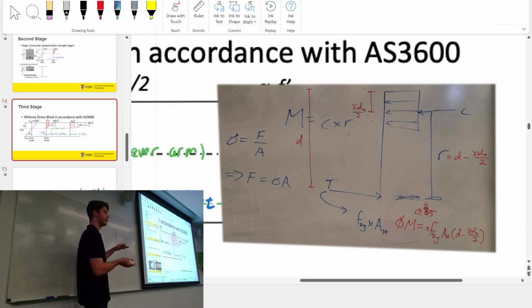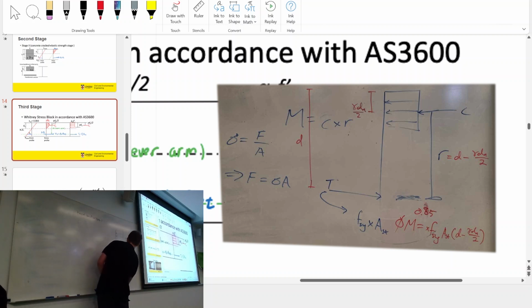The moment generated by that is just going to be the force times the lever arm. So I'll draw it here. This is tension, right? And if I make a resultant force of this stress block, like a UDL the resultant is just halfway, right? Then I can call this compression.